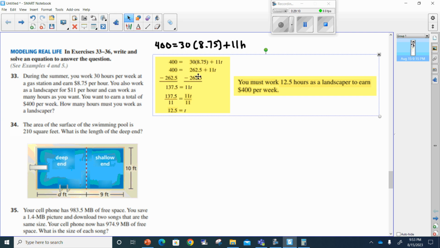That'll give us 262.5. We've got to combine like terms, so we'll subtract 262.5 from each side, leaving us with 137.5 equals 11t. Then we will divide 11t by 11, which means we'll divide 137.5 by 11, giving us t equals 12.5.